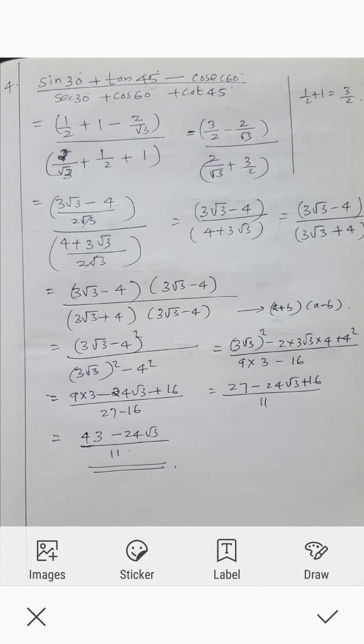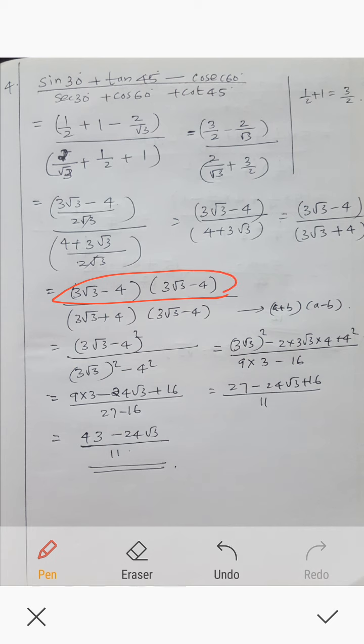Now the numerator, you see (3 root 3 minus 4) into (3 root 3 minus 4) is of the form (a minus b) into (a minus b), that is (a minus b) whole square. Denominator is in the form (a plus b) into (a minus b), that is equal to a square minus b square. Now expanding the numerator in the form of (a minus b) whole square, it is a square minus 2 into a into b plus b square, divided by a square minus b square form.